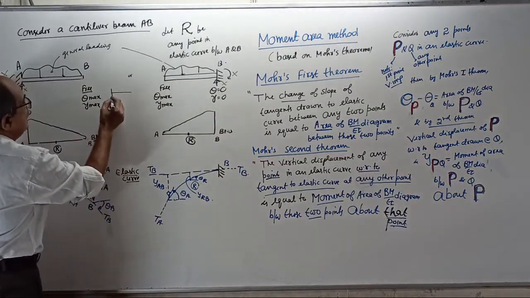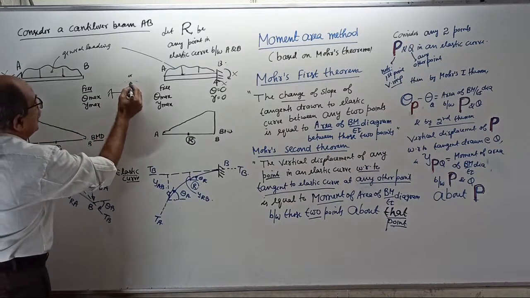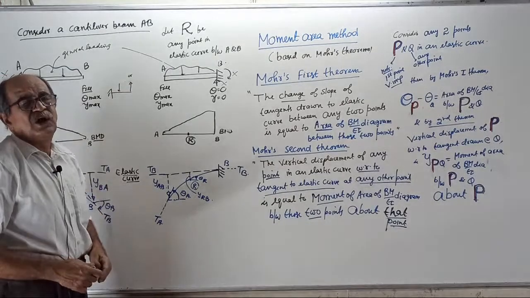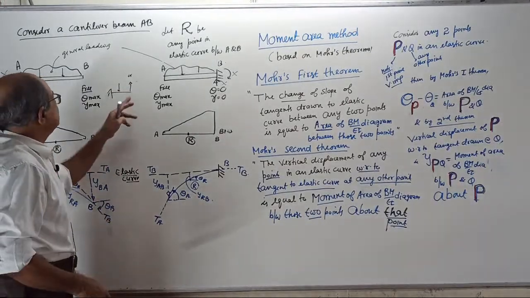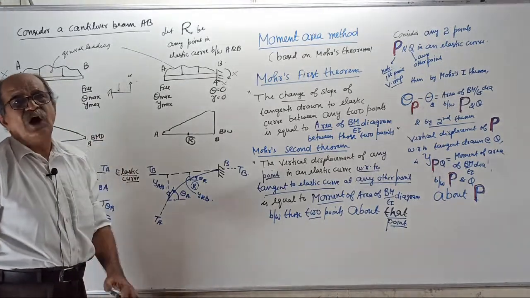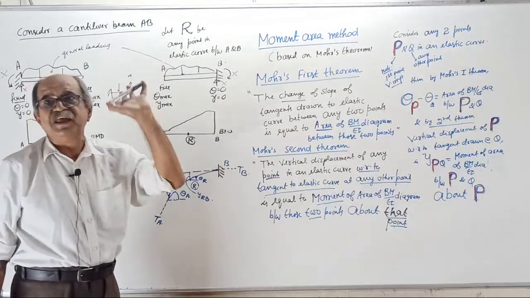Sometimes, see, in GATE, they will give a downward load here, an upward load here and a downward load here. Then the elastic curve will have an odd shape. Maximum deflection may not be here. It may be somewhere else also. That is all called objective questions, which I will cover in the course, not here.